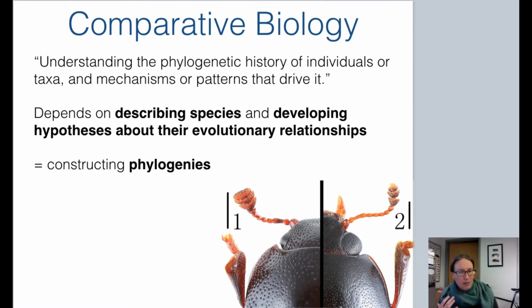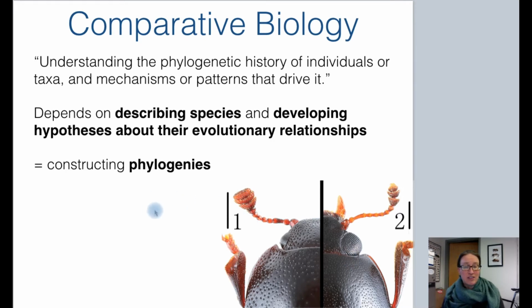And so being able to do this depends on describing different types of organisms, different species, and then developing hypotheses about the evolutionary relationships between those different species. So I've got an example here on this slide of two beetle species that have different looking antennae, but you'll notice they have very similar overall body structure.